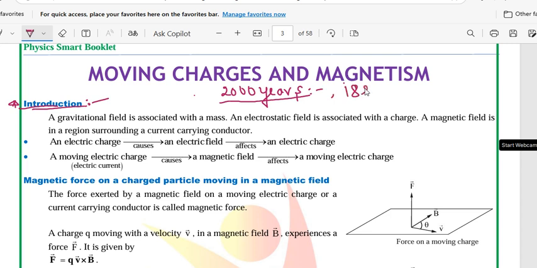But in 1824, Oersted, one of the scientists, made the connection between electricity and magnetism.